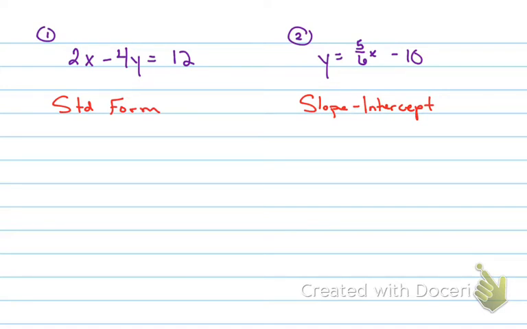I'm going to give you the equation negative 2x plus 4y equals 20. What form is that written in? Standard form. I'm going to tell you to find the x and the y intercept of this equation. So does that mean to write it in slope intercept?